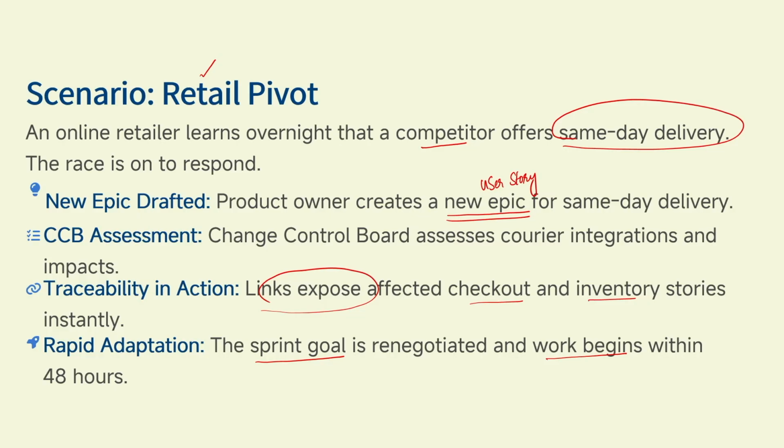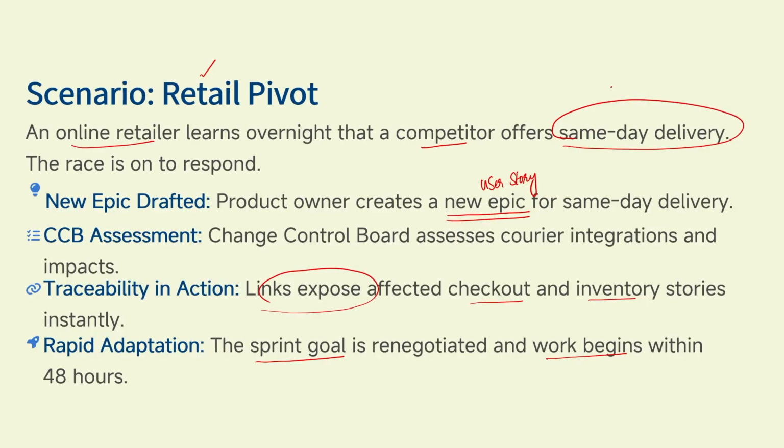The basic idea of this example is that the stakeholder, here the online retailer, has identified a requirement which was not listed earlier but is identified after some time.